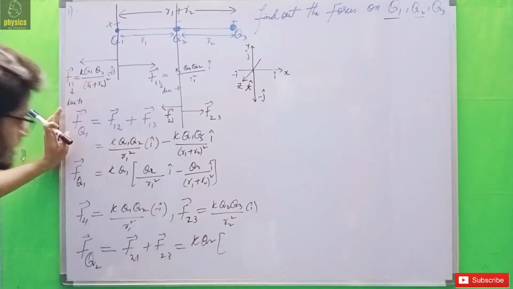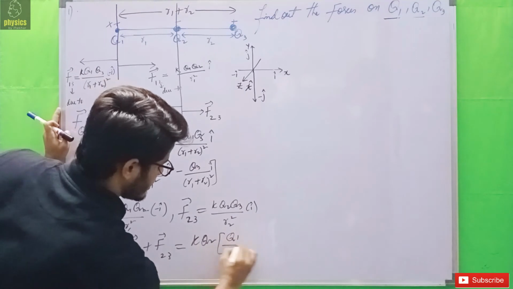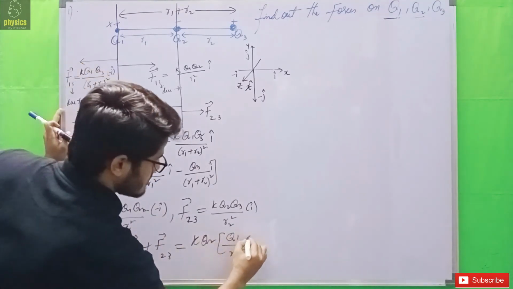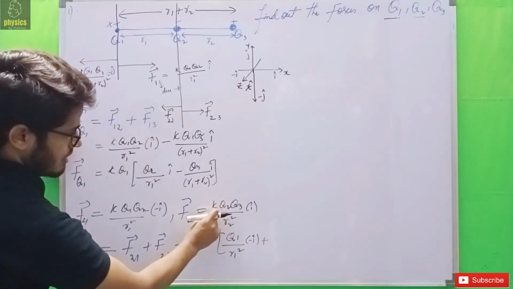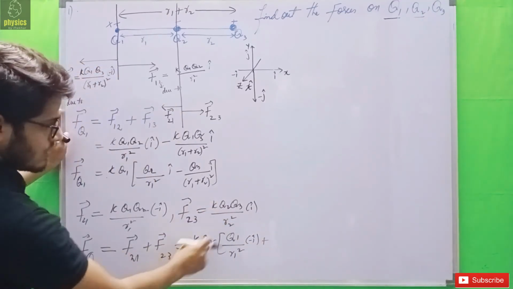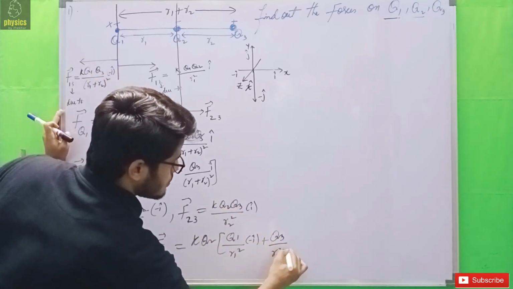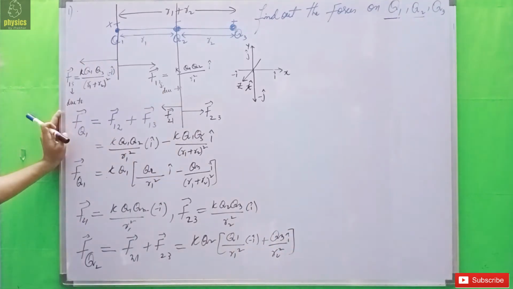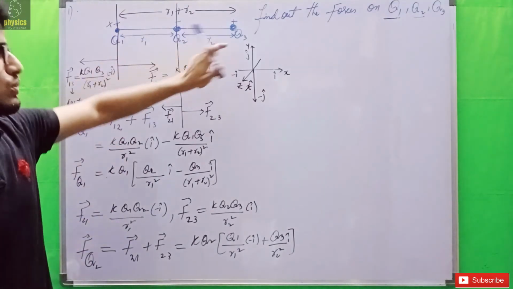If I take it outside, Q1 will be there from the first term, divided by R1 square and a minus I cap, plus from here, having taken K Q2 outside, Q3 divided by R2 square with the I cap. So this is the force on Q2 due to Q1 and Q3.